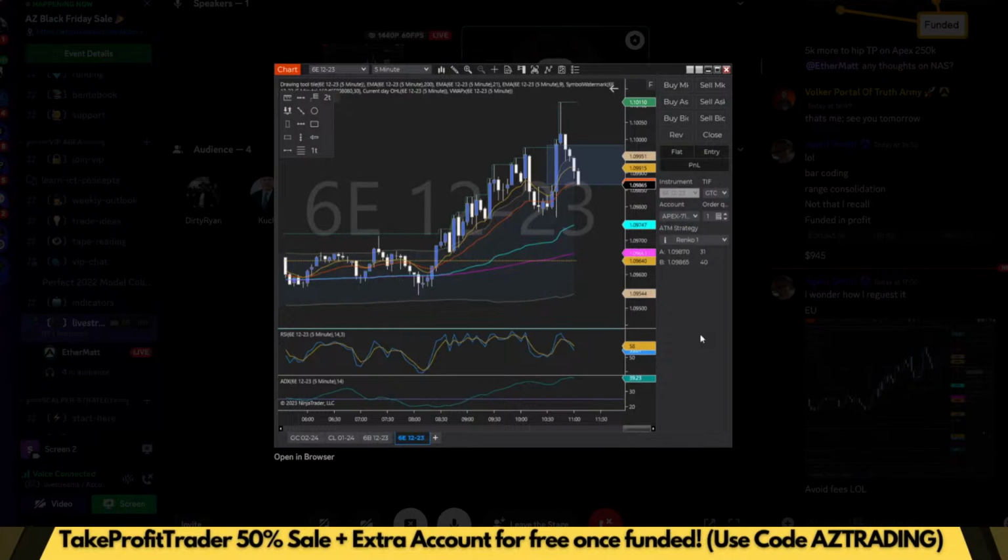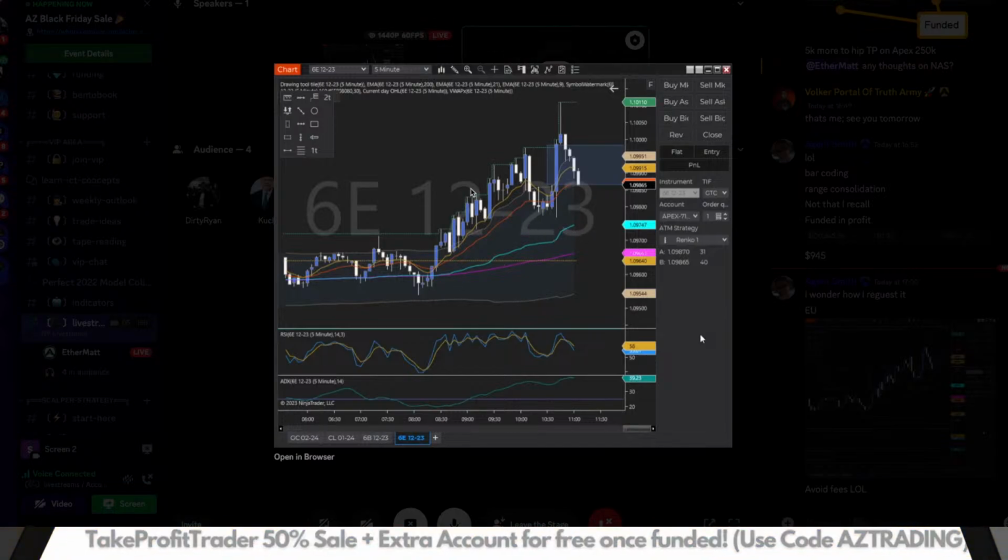Yeah, EU hit our daily buy side target now. So we could see a potential inversion fair value gap setup maybe to hunt some more stops. Bollinger Bands and all.